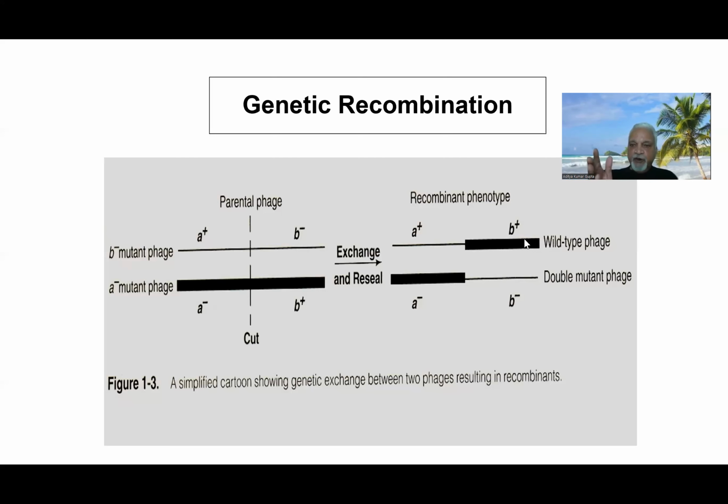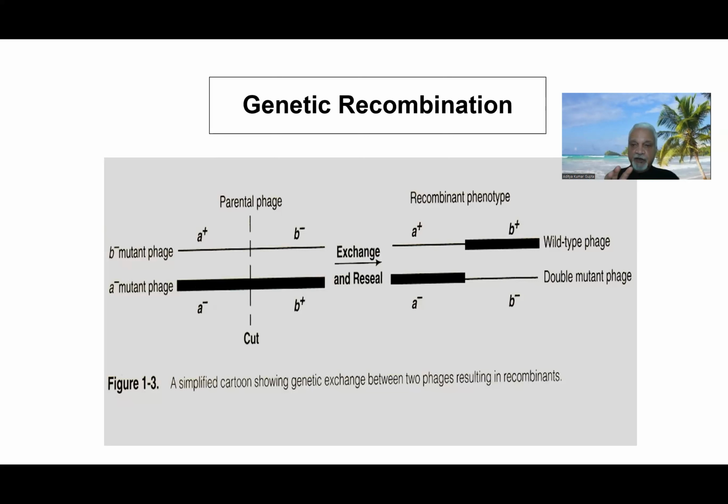So as a consequence, when you look at the population, you see a wild type and a double mutant, because this B minus has moved from here to here. So it becomes a double mutant, that is A minus B minus, and it becomes a wild type, that is A plus B plus. So that's how the recombination takes place.